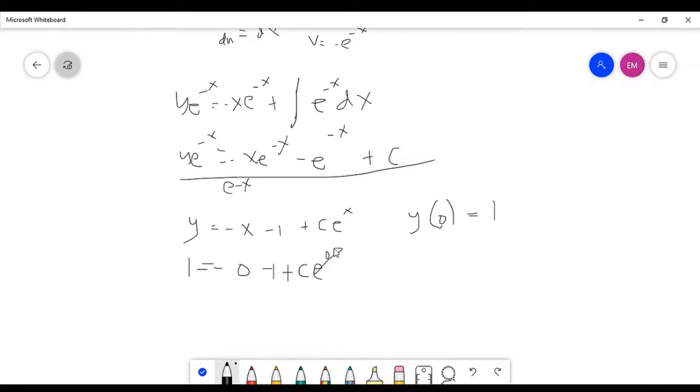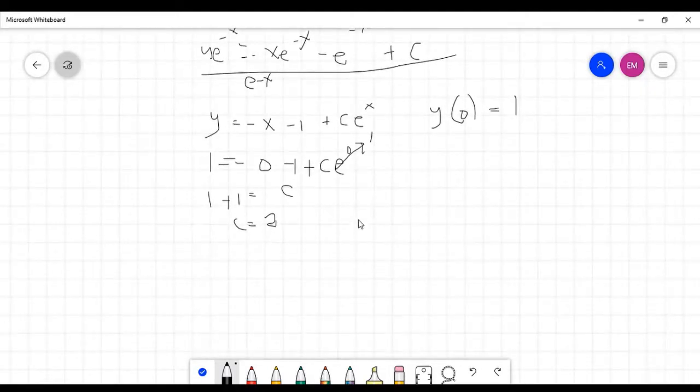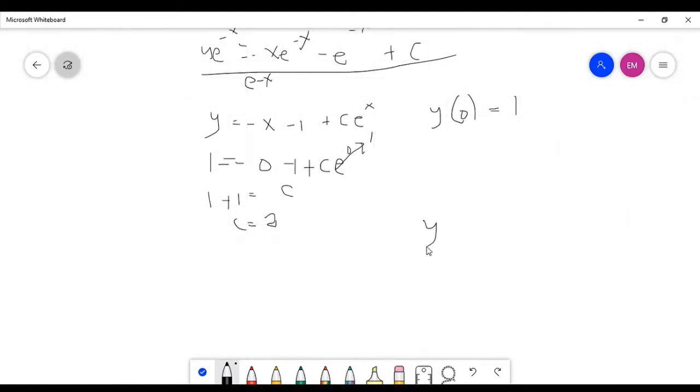Of course, this will result to 1. If we transfer it, it becomes 1 plus 1, and this is your c. Therefore, your c is equal to 2. So, going back to the general solution, because what we need is to find the value of y at x equal to 0.1.